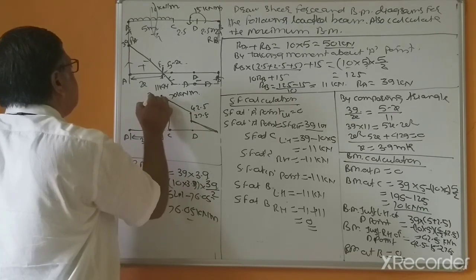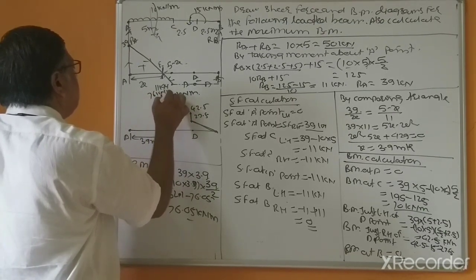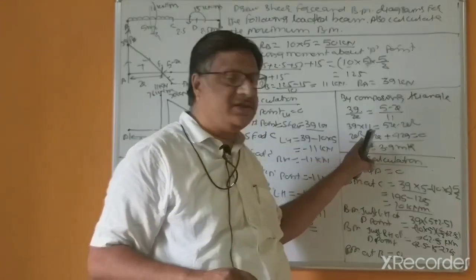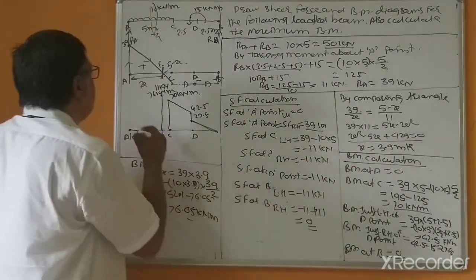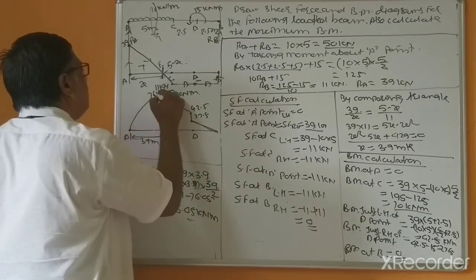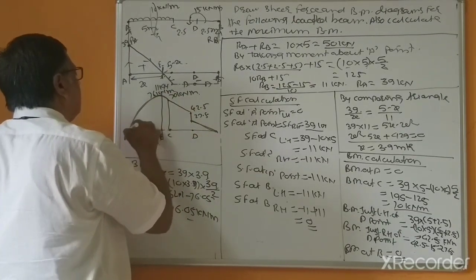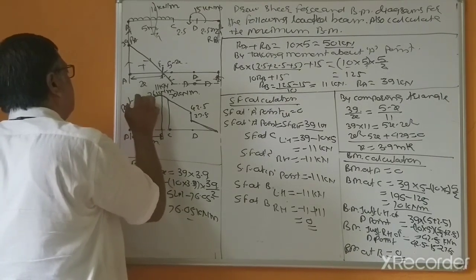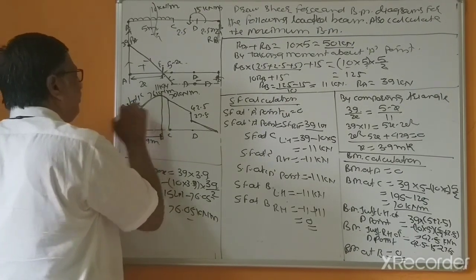This distance means maximum bending moment equal to 76. Here you get x square, so the nature of the curve is a parabolic curve.